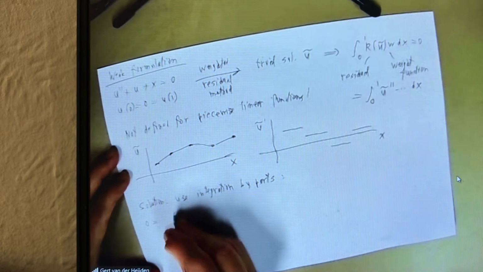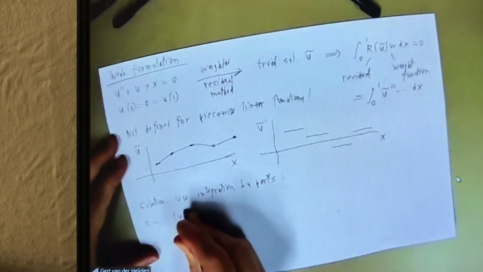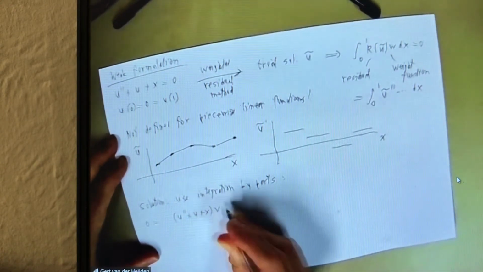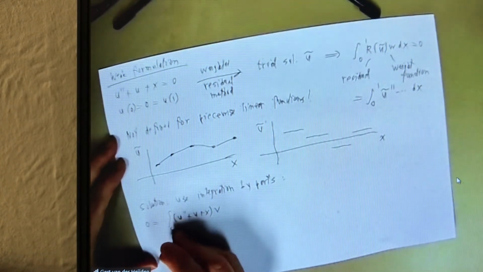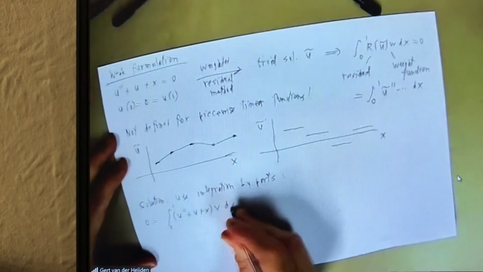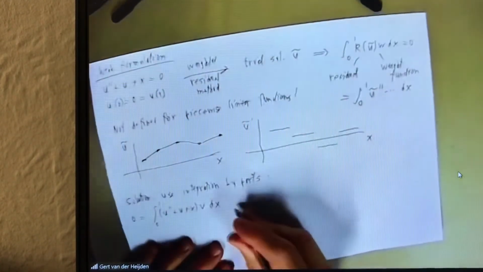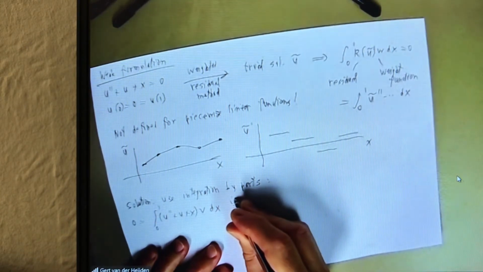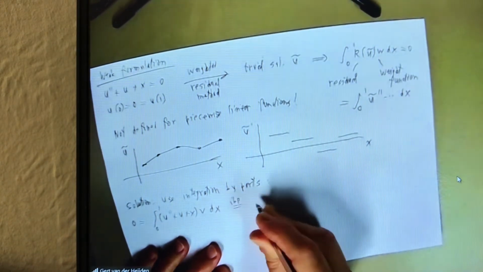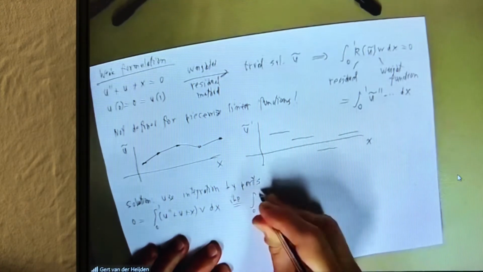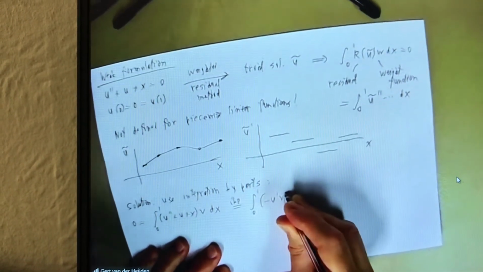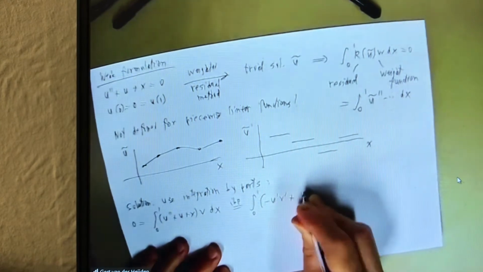So we take the left-hand side here, multiply by an arbitrary function, v, I'll call it here, and then integrate over the interval. Okay, it must still be 0, of course, and now we can use integration by parts. I'll write IBP for that. It comes to this: minus u prime, and then one derivative goes on the v, plus u v.